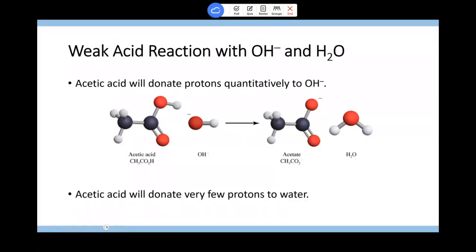Okay, a little bit more about weak acids, and then we're moving on to a little bit more about naming. If we have a weak acid, acetic acid, I mentioned previously, this is a weak acid. If it's present in solution, some of the molecules of acetic acid will donate a proton, act as an acid.